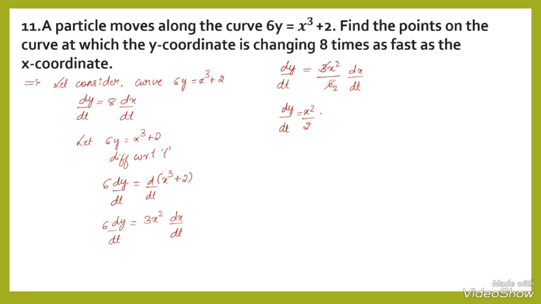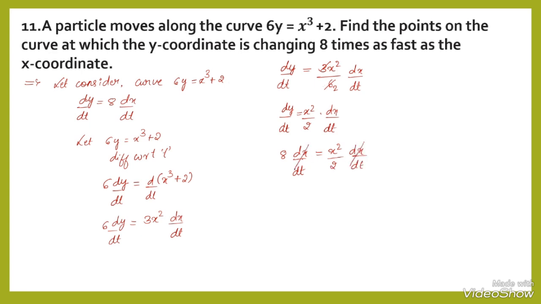Here I can replace dy by dt with 8 into dx by dt. So 8 into dx by dt is equal to x square divided by 2 into dx by dt.